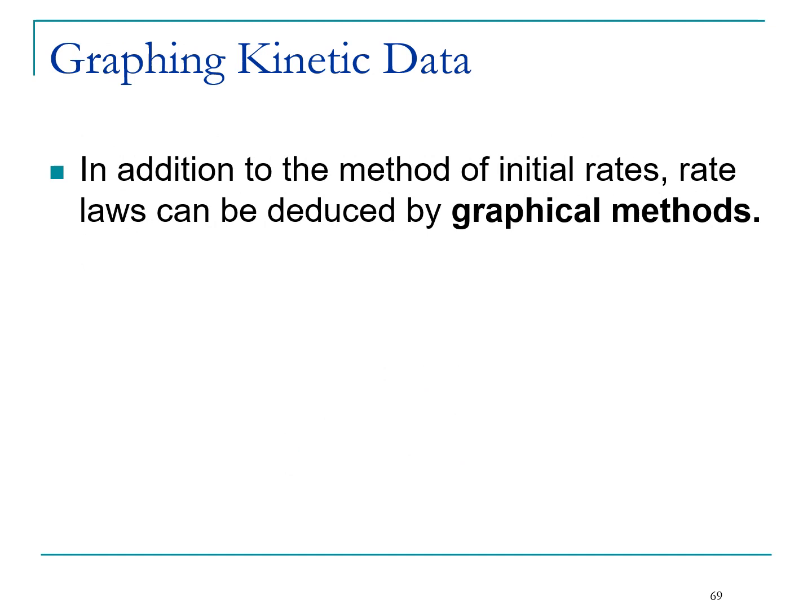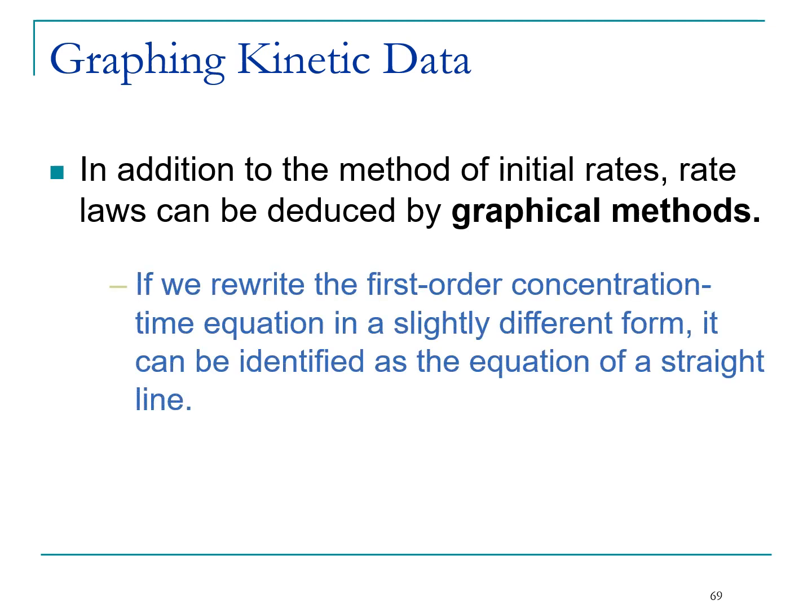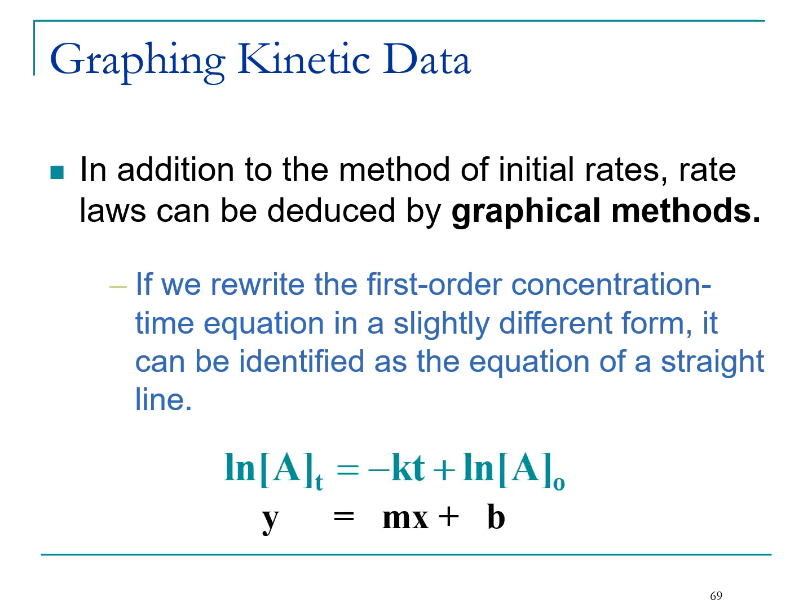We can also use graphical methods to deduce if your reaction is first order or second order. We're only going to focus on first order, second order, and maybe zero order. What we're going to do is rewrite the integrated rate laws in a y equals mx plus b format, the equation of a straight line.